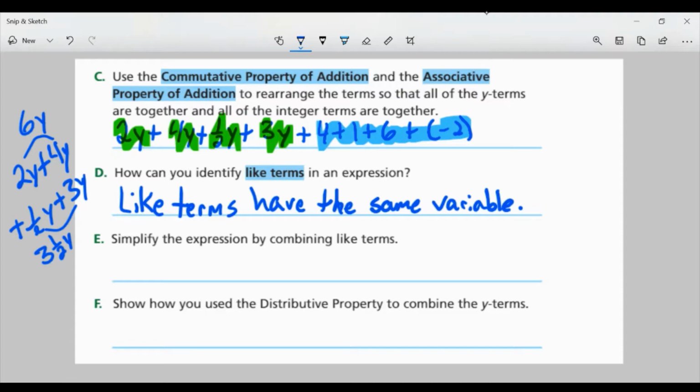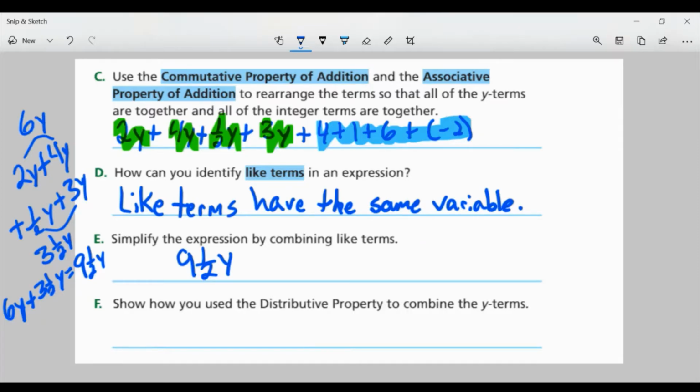So I add those together: 6y plus 3 and 1/2 y gives me 9 and 1/2 y. So from combining the like terms of the y's, I get 9 and 1/2 y.